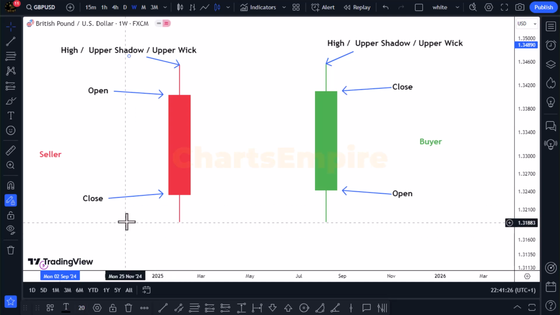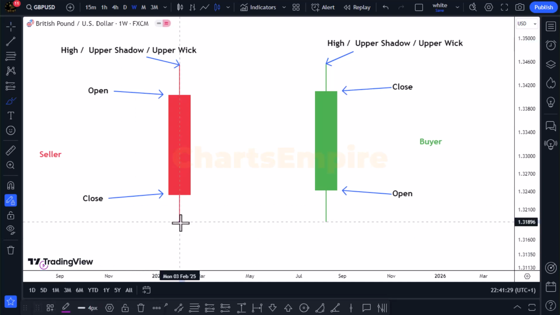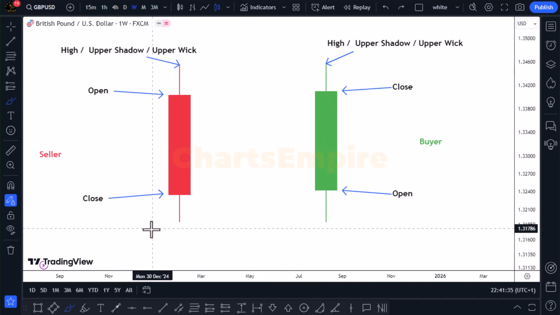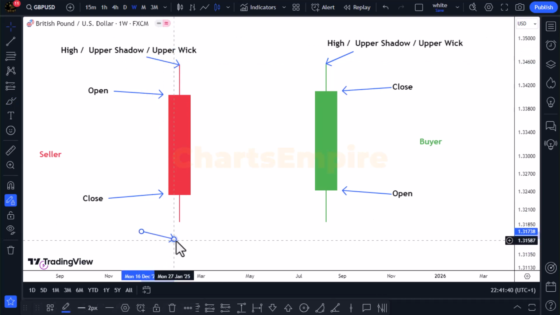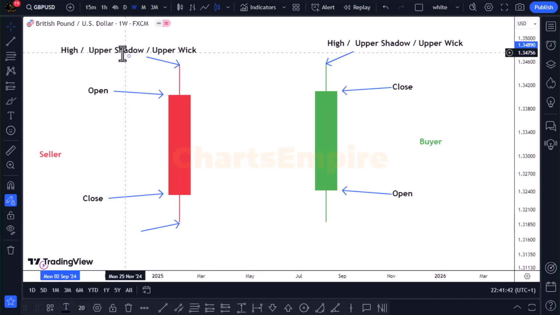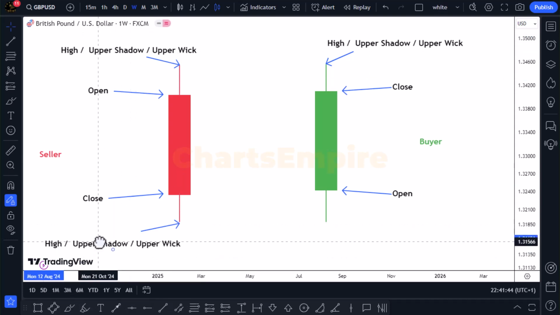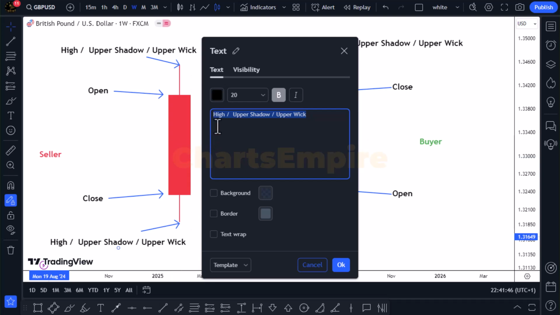And at the bottom, we have a low right here, which means this would be the low, or the lower shadow, or the lower wick. Now we can replicate this once again as the low, or lower shadow, or lower wick.